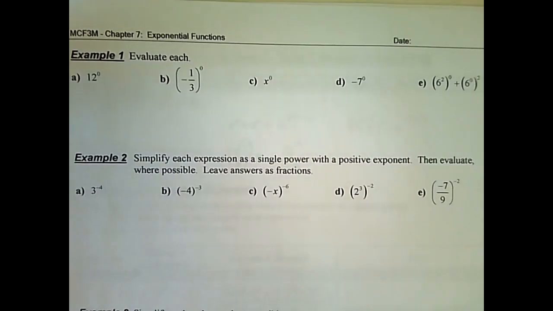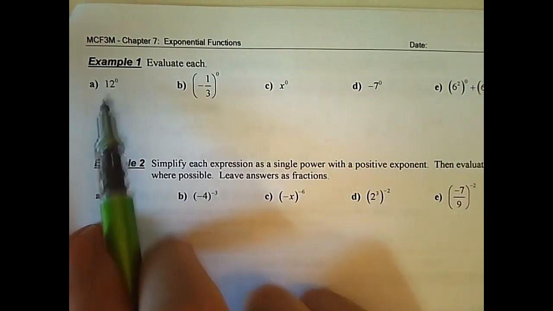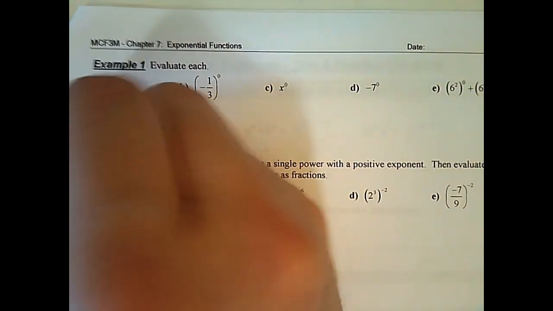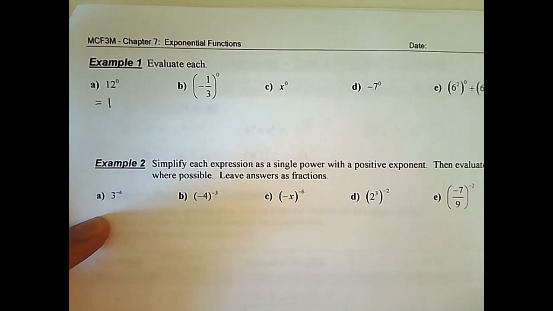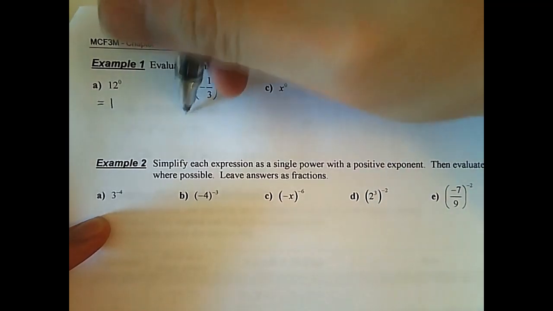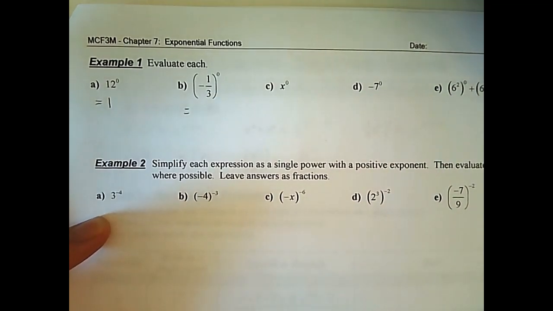Alright, example 1, let's evaluate each of these. 12 to the power of 0. I don't even have to think, we just know as soon as it's to the power of 0, it's 1. Next one, negative 1 over 3 to the power of 0.